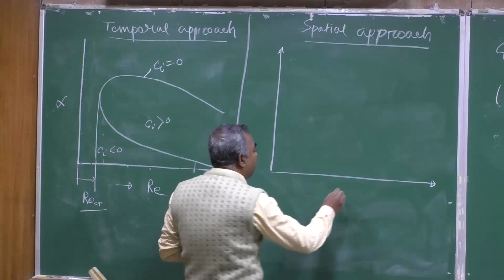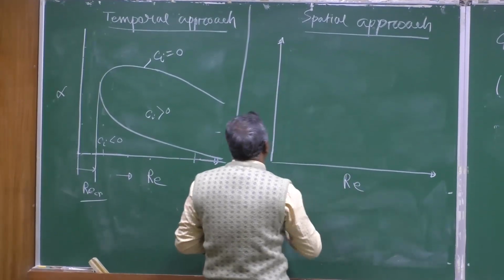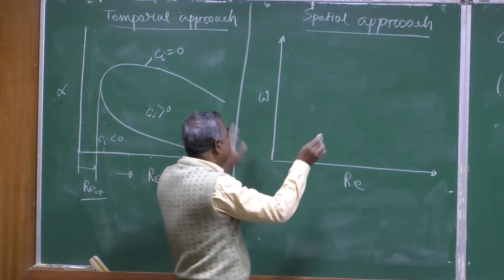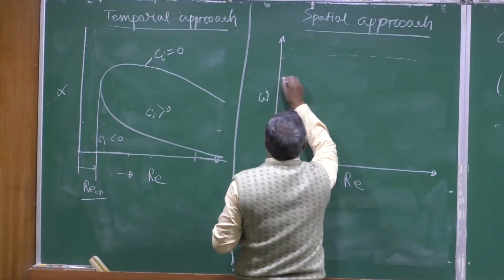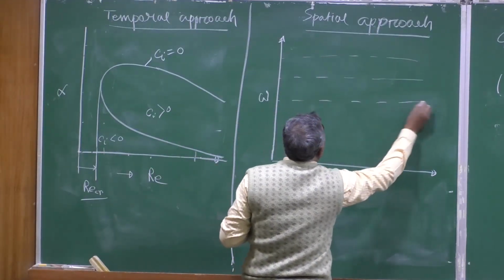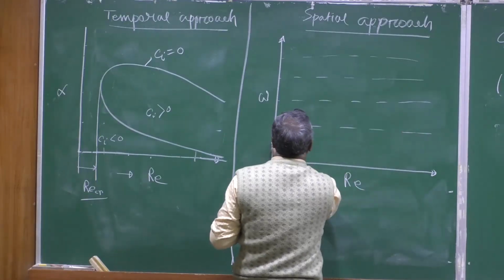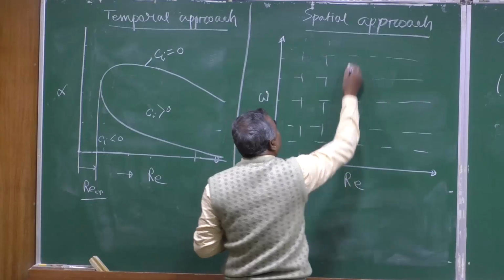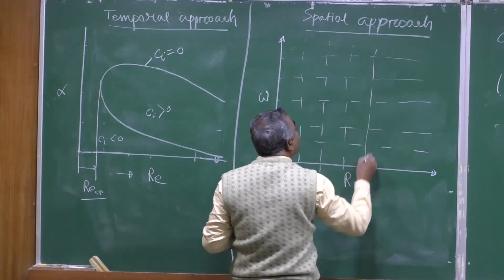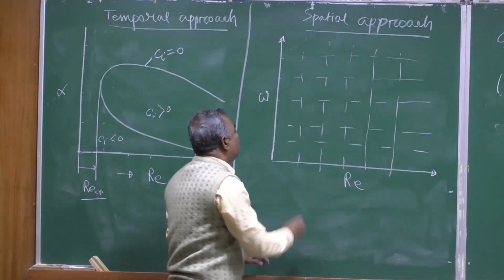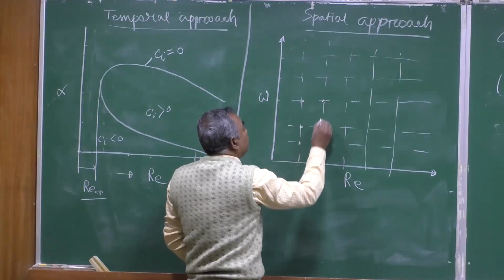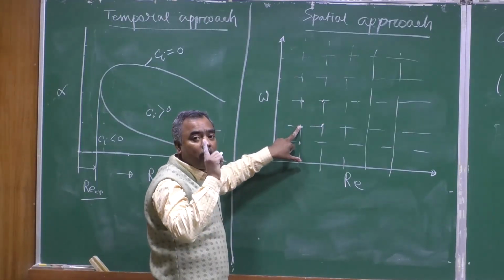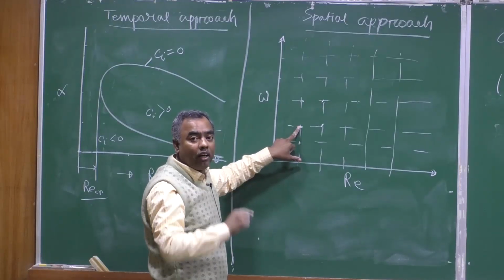That means, in a similar fashion, if this is our Re and this is our non-dimensional omega, we have a mesh just like this. Okay. We have a mesh, which can be fine enough so that at each and every point of this grid you have a solution for this equation, and you have the maximum value of minus alpha I.